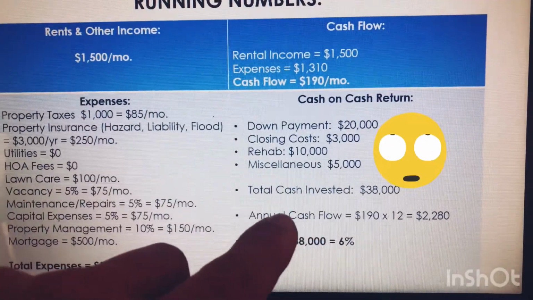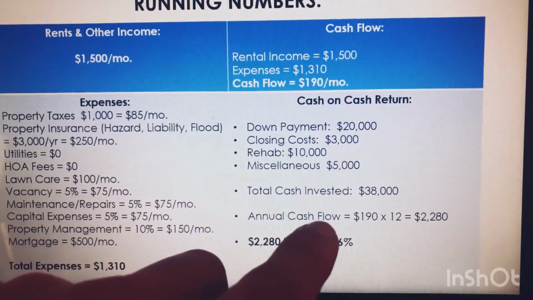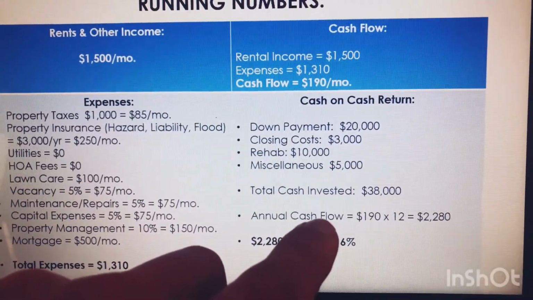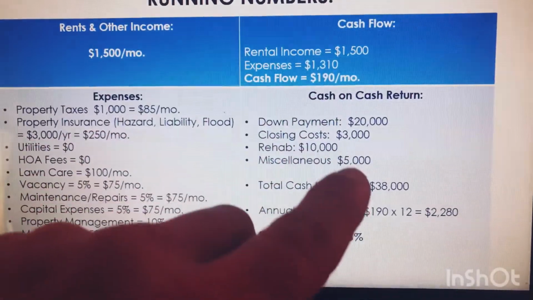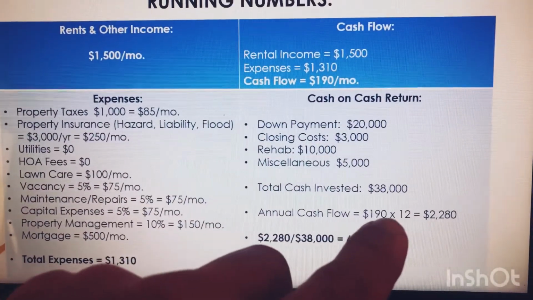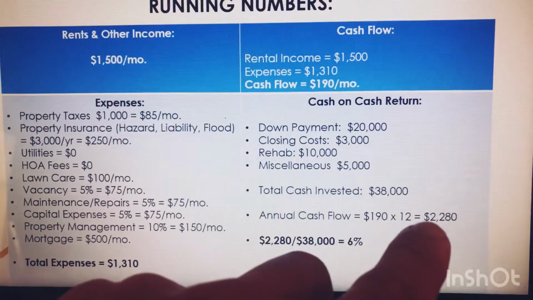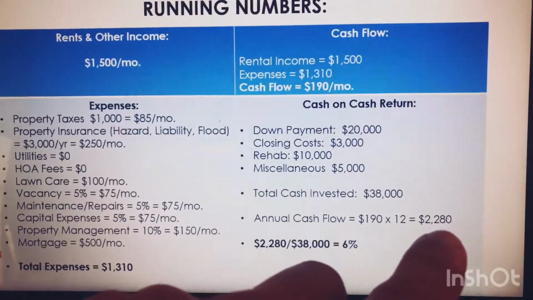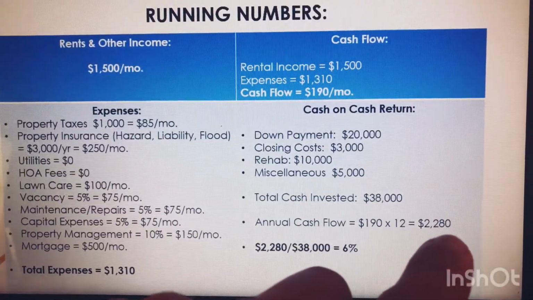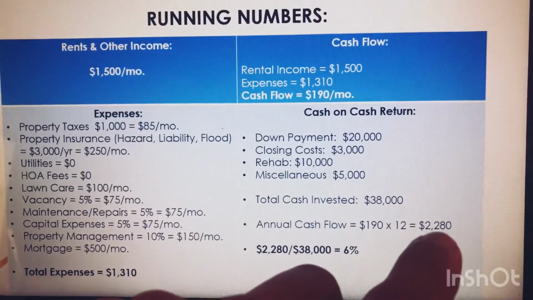So what we do to figure out our annual cash flow, right? That means how much cash flow you have coming in every year. You take this $190, that's a month, multiply it by your 12 months, and that gives you $2,280. That's how much cash flow we can expect in an entire year, okay?